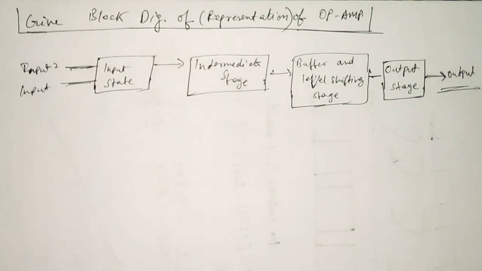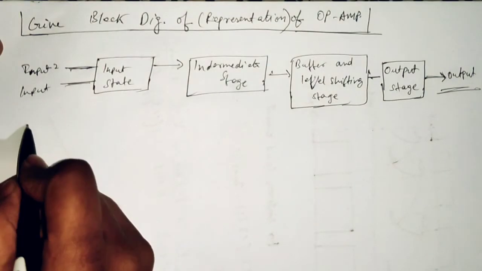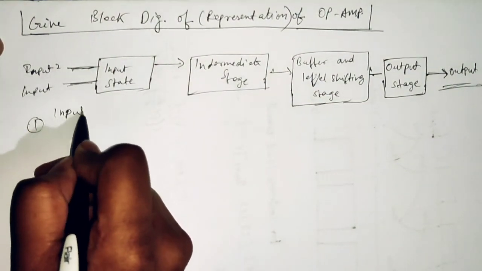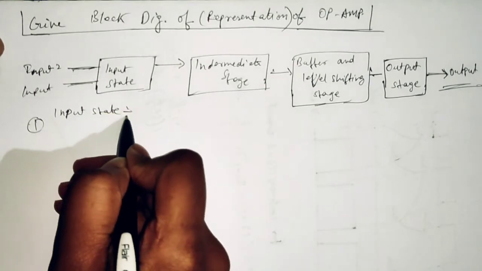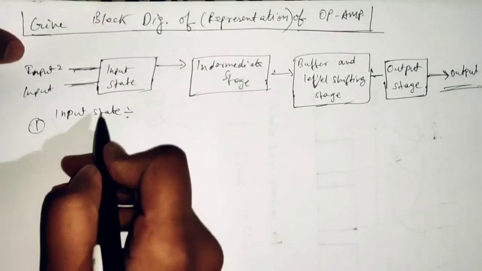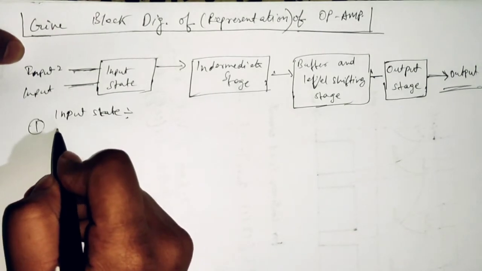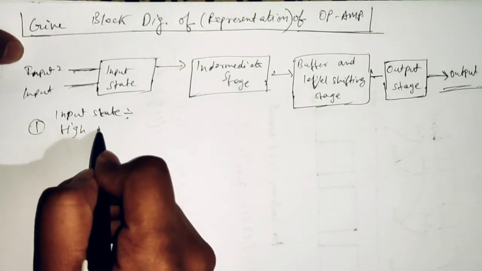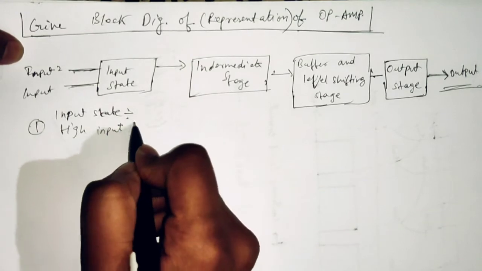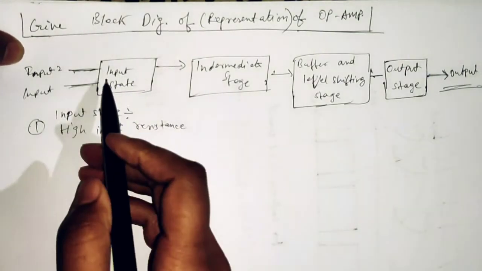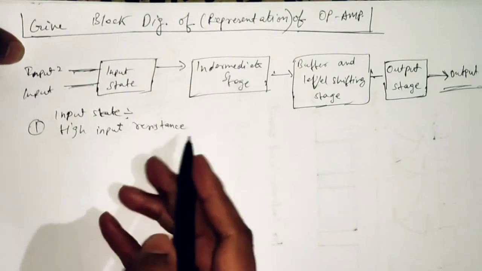The basic requirements of the input stage are as follows. First of all is high input resistance. In the initial stage, the input stage, we need a high input resistance.